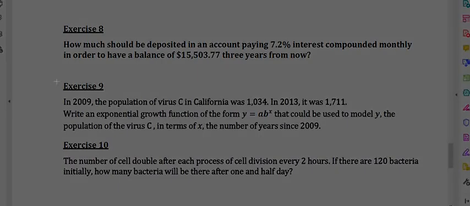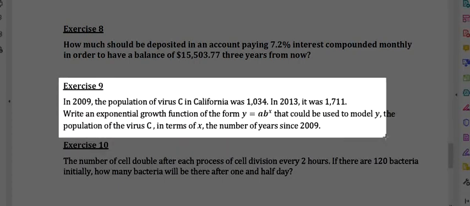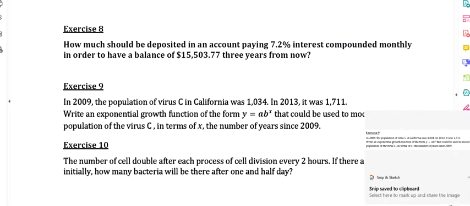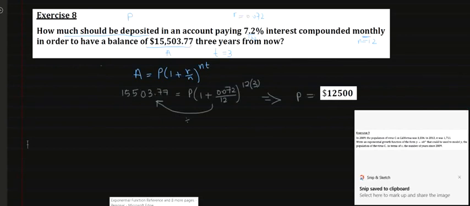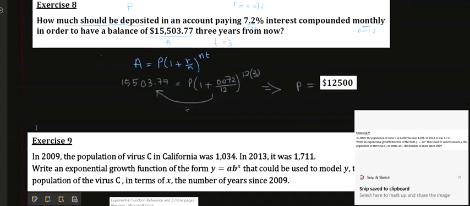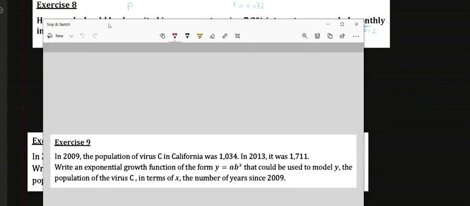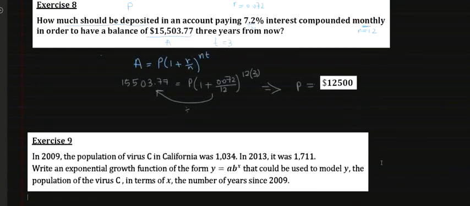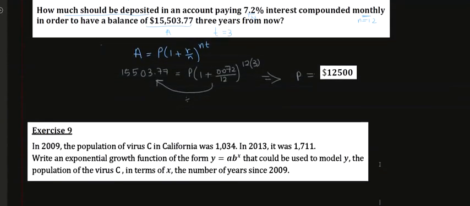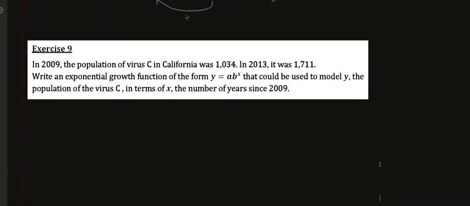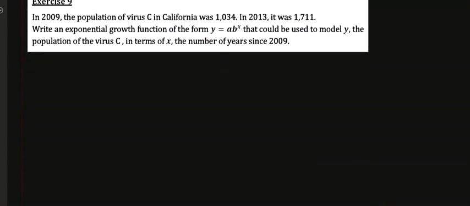Let's move to exercise 9. It looks like the linear model problem that we had in the previous worksheet. Okay, in 2009, the population of virus C in California was that amount.